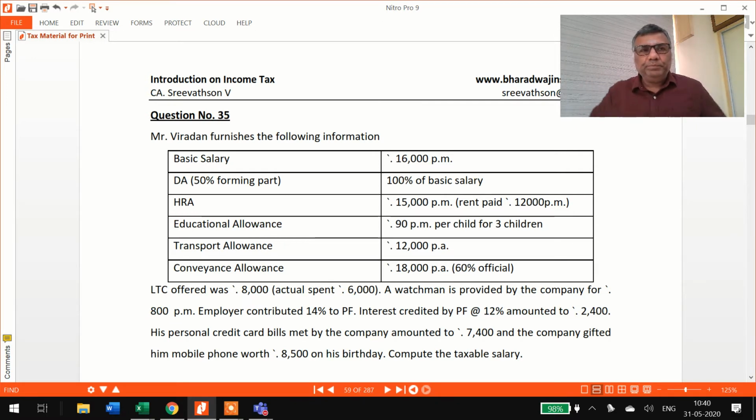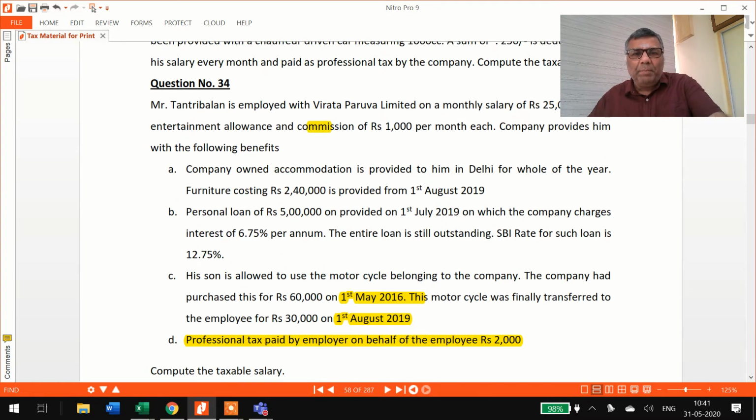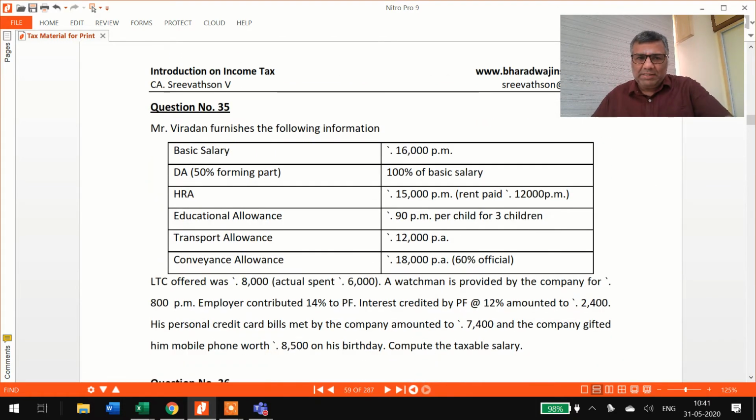Such people will only be getting entertainment allowance. Government employee, Supreme Court, High Court judges, everybody. So here he was working in a company, so he will not be eligible to get any entertainment allowance. That's why I did not give any deduction.